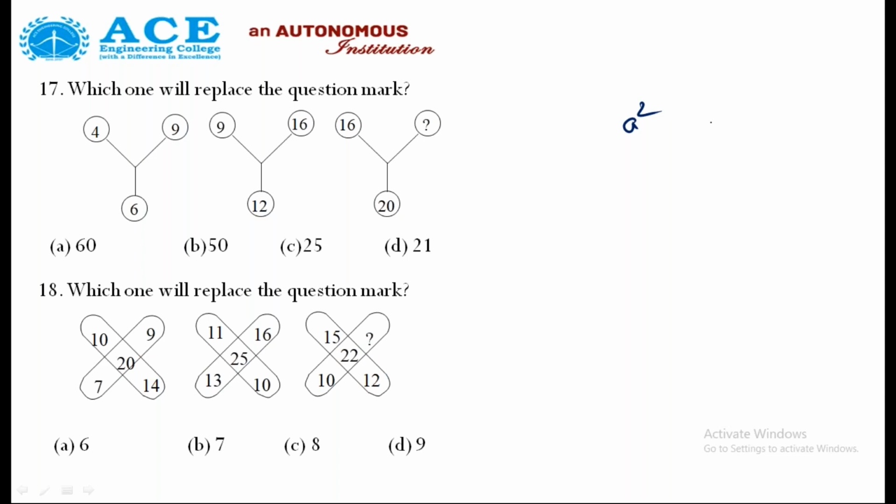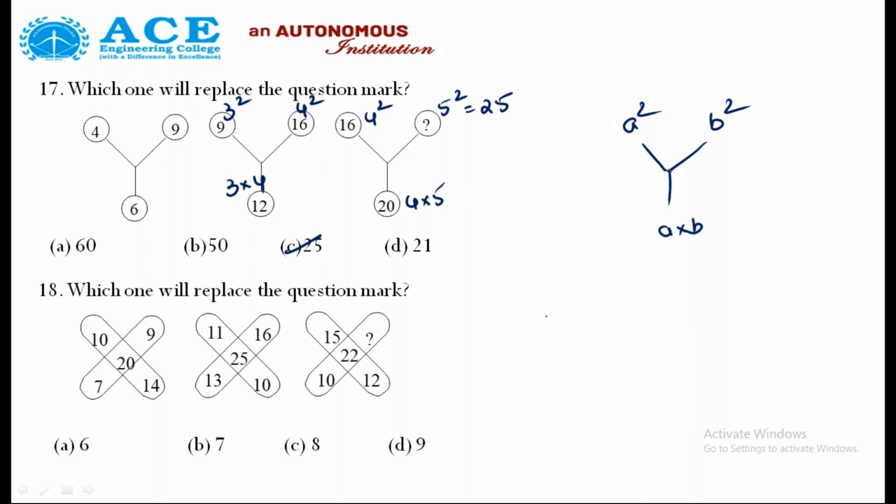Guys, there is a square, b square. This is a into b. This is 3 square, 4 square. This is 3 into 4. This is 4 square. This is 4 into 5 actually. This must be 5 square now, which should be 25.